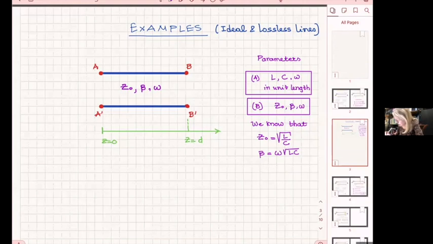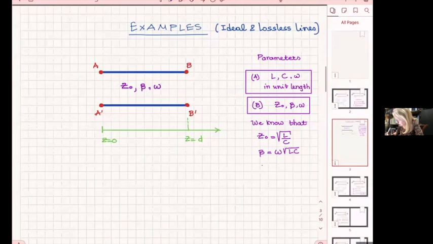Also, another parameter that we are defining here, which is important, is beta. Let me write it here before I go.